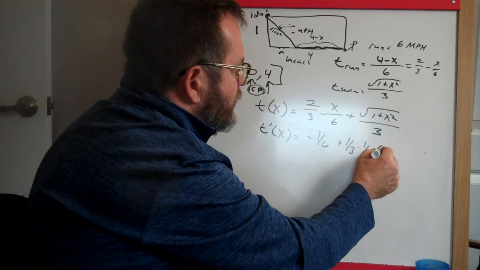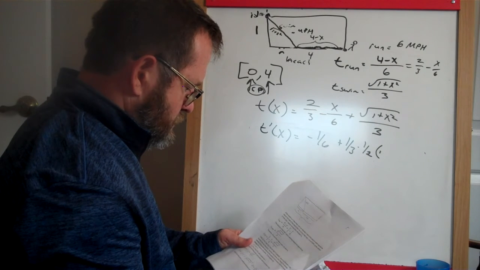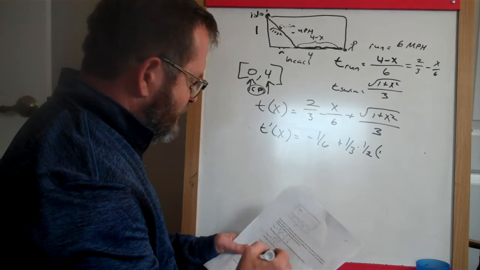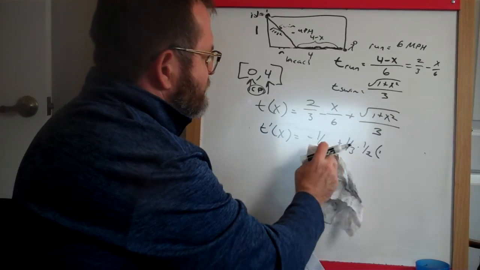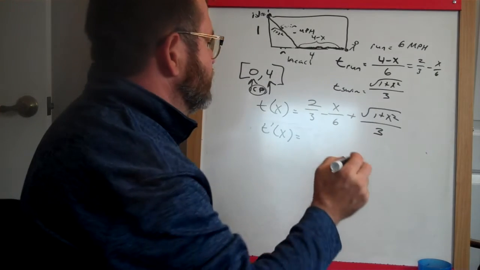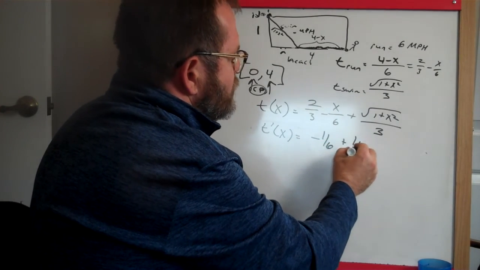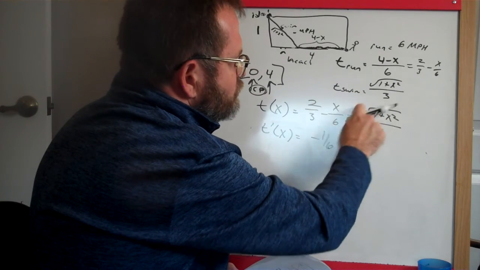Did I do that wrong? I might have a mistake on the handout. Hold on. Let me look at this for a second. If so, I'll fix the handout before I give it to you guys. So the derivative here is 1/6 plus 1/3 times the derivative of the numerator here.